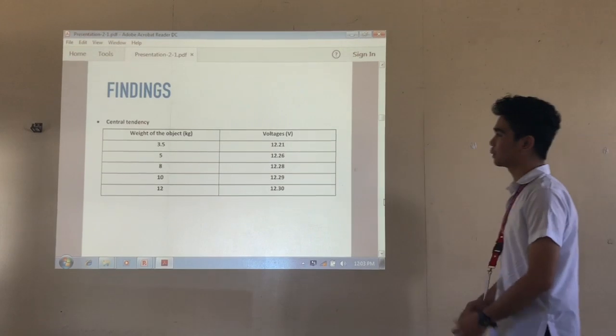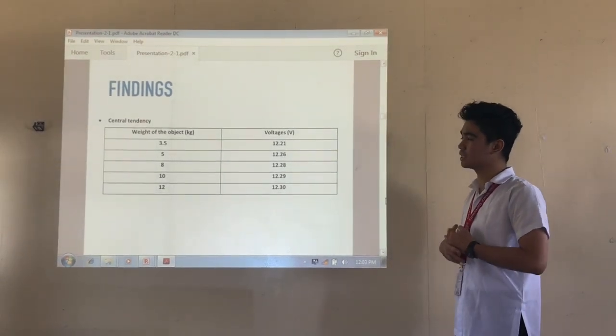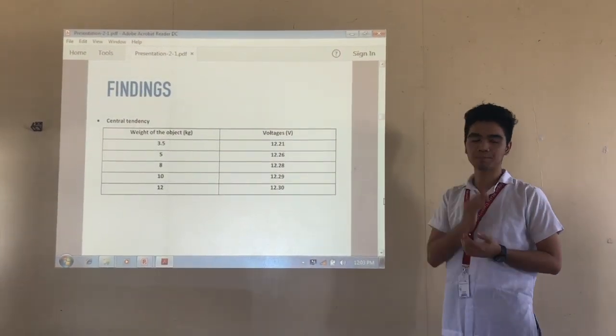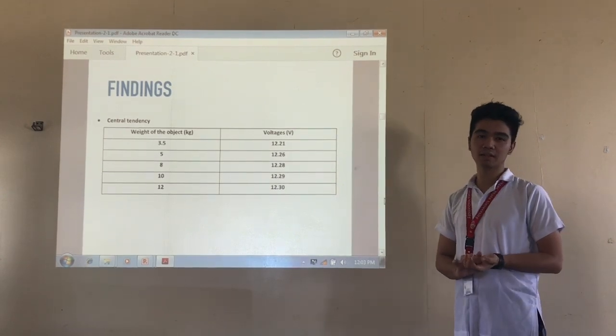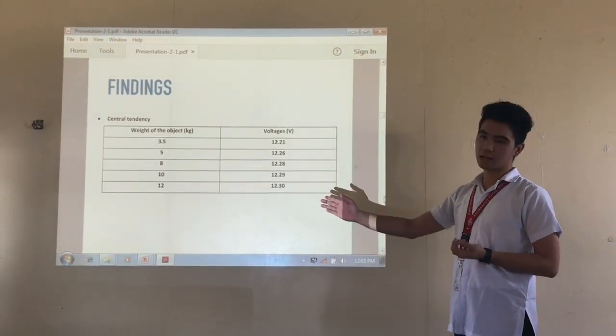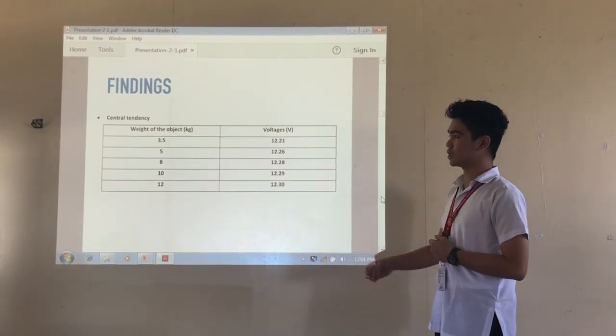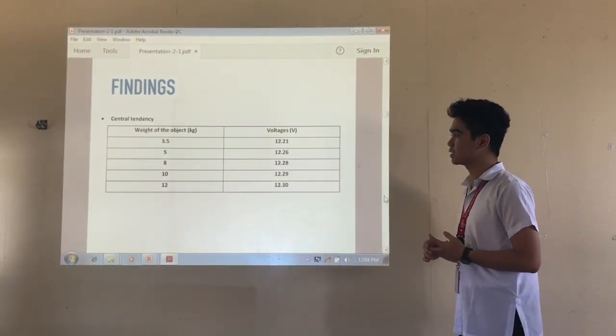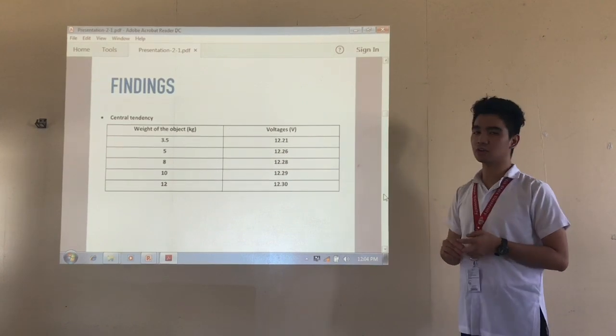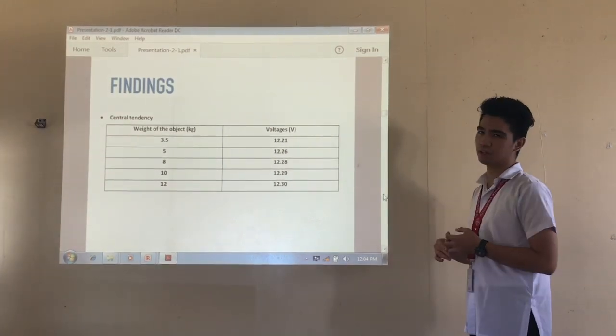For our findings, first we measured by assigning weights to the object: 3.5 kilograms, 5 kilograms, 8 kilograms, 10 kilograms, and 12 kilograms.